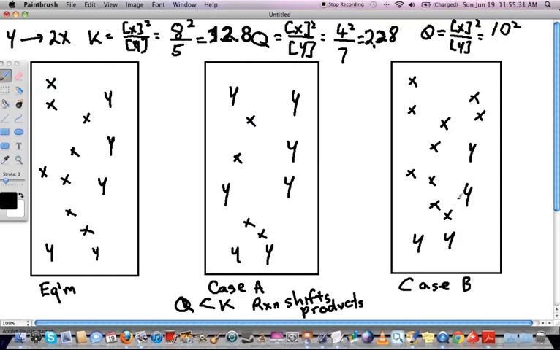And there are 4 Y's, so it's 10 squared over 4, which equals 25. Now you can see what's happened is that Q is now greater than K. If Q is greater than K, now the reaction will shift towards the reactants.